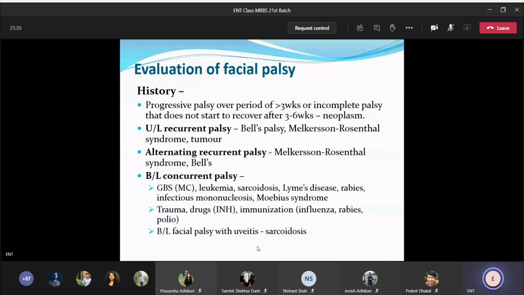Like trauma, if there is a head trauma to both ears, drugs, isoniazid, immunization, influenza, rabies, polio, and bilateral facial palsy with uveitis seen in sarcoidosis. So you have to take the history, how it started, how it progressed. Is it unilateral or bilateral, continuous or alternating, so you can differentiate the causes.